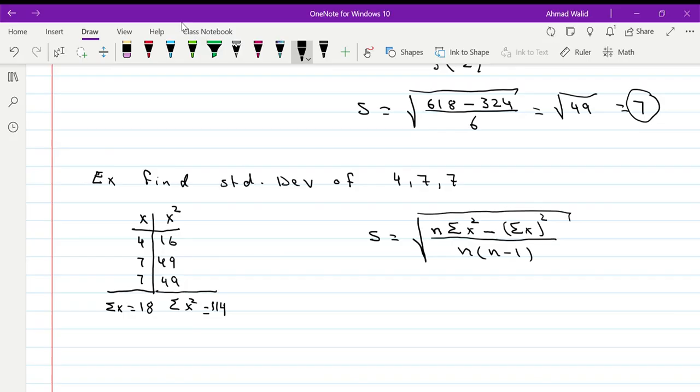Plug in the numbers. s equals the square root of 3 times the sum of x squared, 114, not 144, 114, minus 18 squared, over 3 times 2.